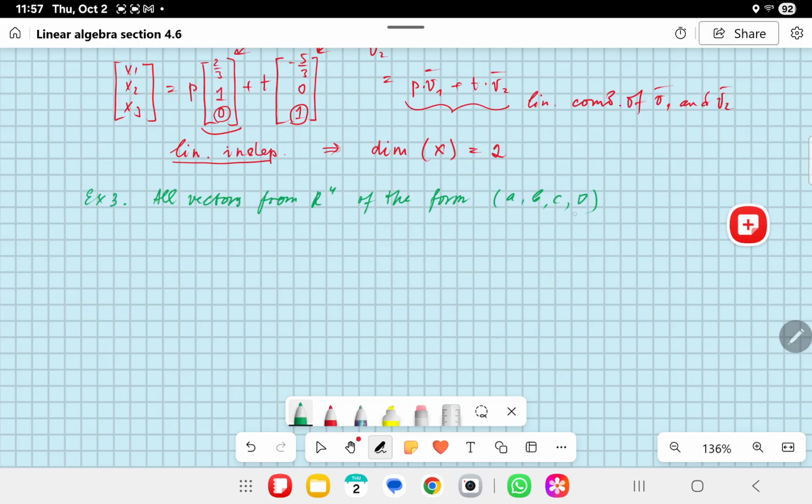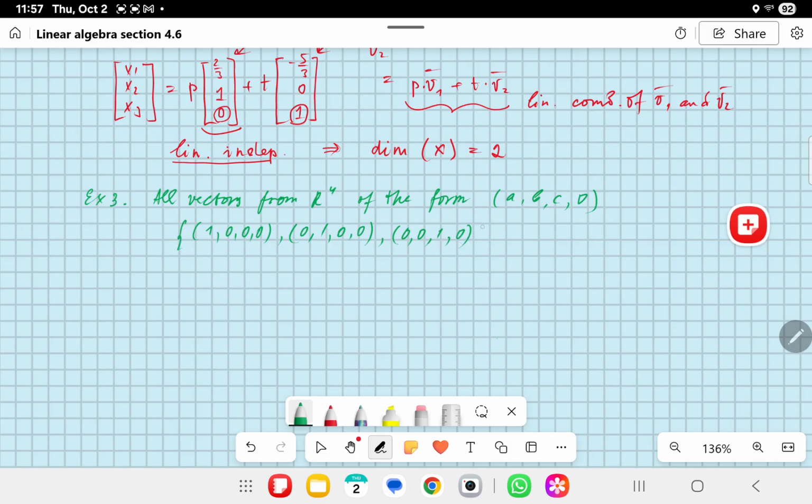So what is going to be the dimension of this space? Well, we can introduce a standard basis of this subspace. The standard basis can be: 1, 0, 0, 0, then 0, 1, 0, 0, and 0, 0, 1, 0.